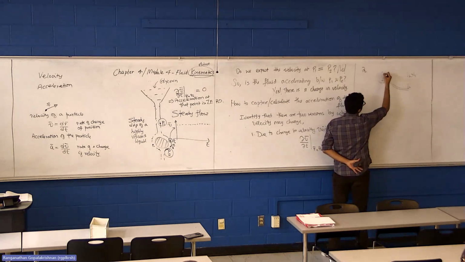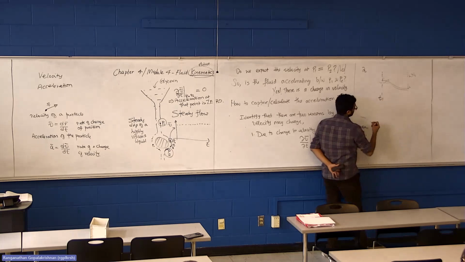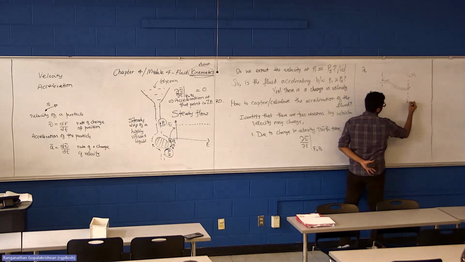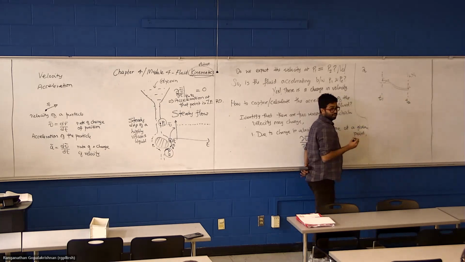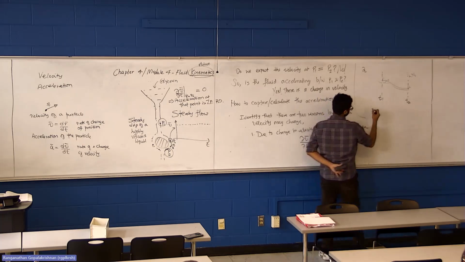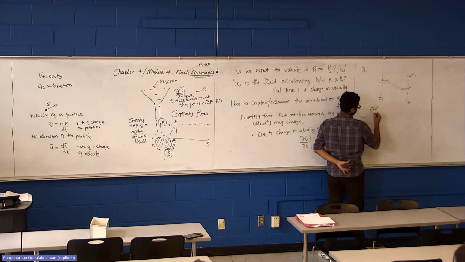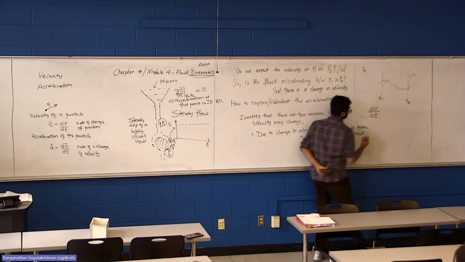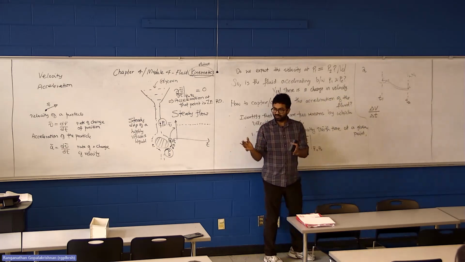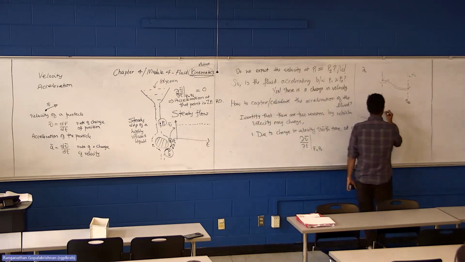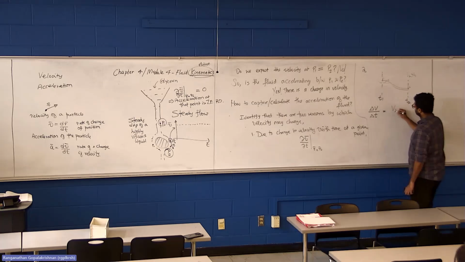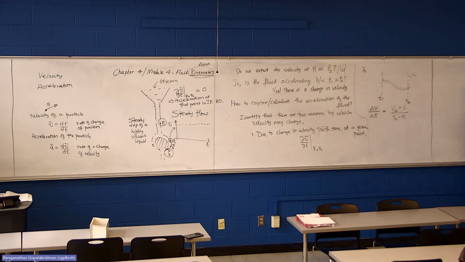Okay. So the change in velocity. Let's say at time 1, you are here. At time 2, you are here. My goal is to ask what is the change in velocity over the time that we are observing this. That would be V2 minus V1 divided by T2 minus T1. And I told you V1 or V2 has nothing to do with you.